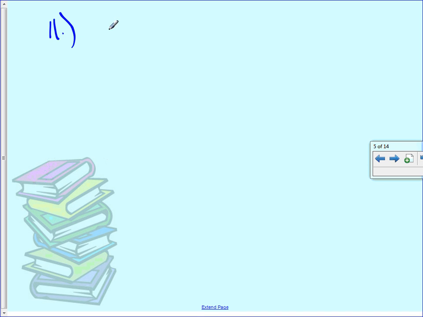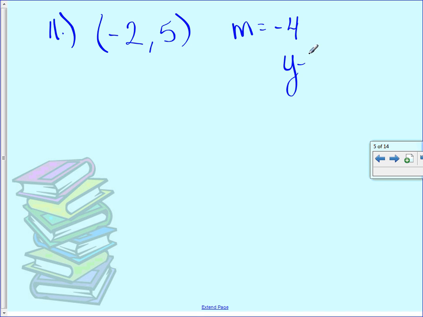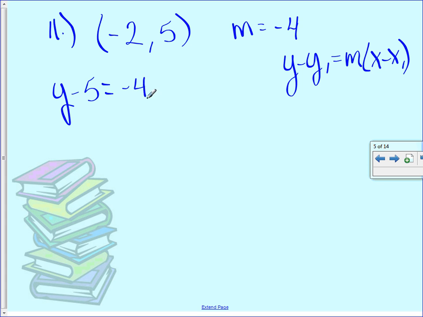So, number 11, I have what points? Negative 2, 5, and then I have a slope of what? Okay, so remember I've got y minus y1 equals m times x minus x1. Y minus 5 equals negative 4 times x minus negative 2.